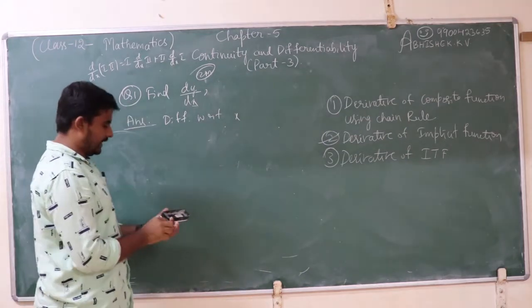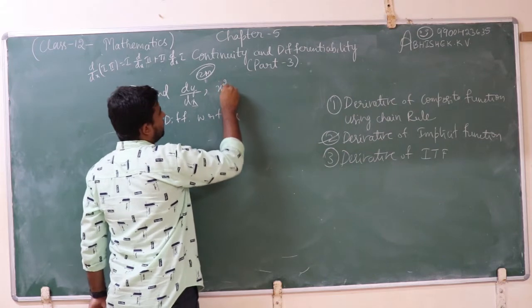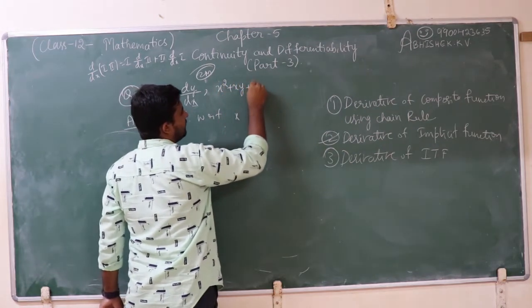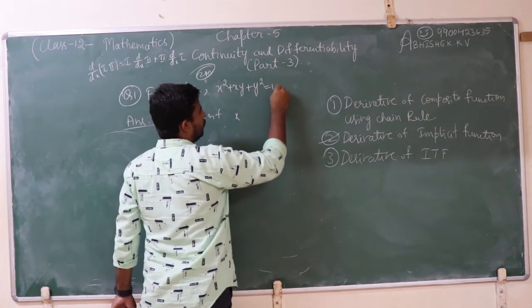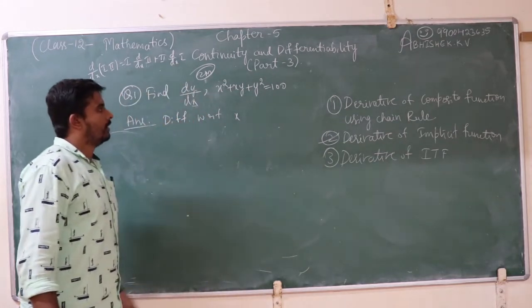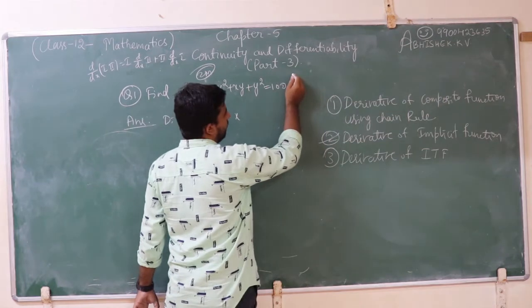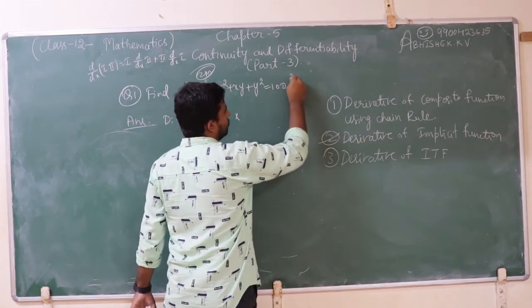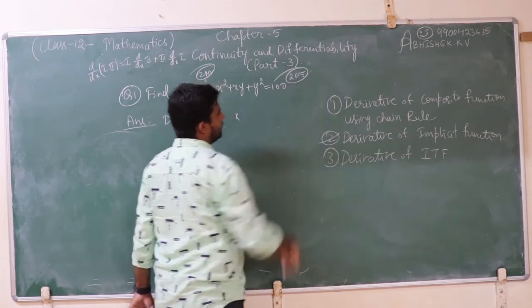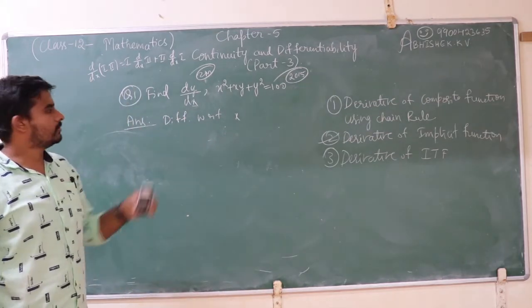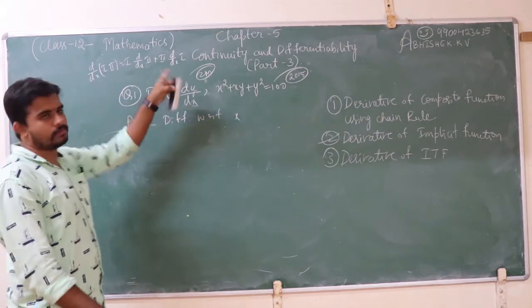Find dy by dx for x square plus xy plus y square is equal to 100. This question was asked by the examiner in 2015 for 2 marks.